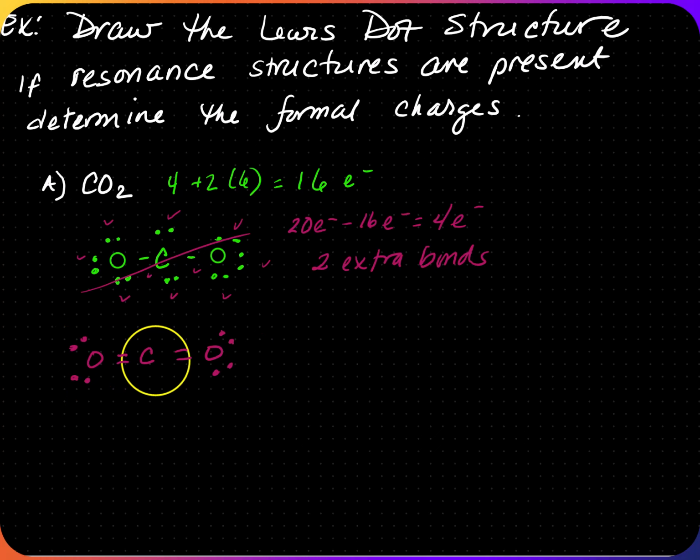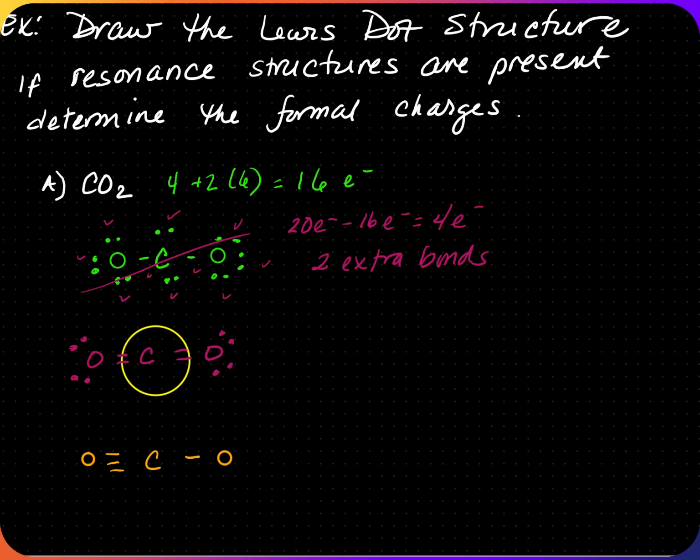Since we have a double-double bond, we could also have a triple-single bond or a single-triple bond. I'm going to start the triple on the left side. If I do that, the oxygen on the right side can only have a single bond.